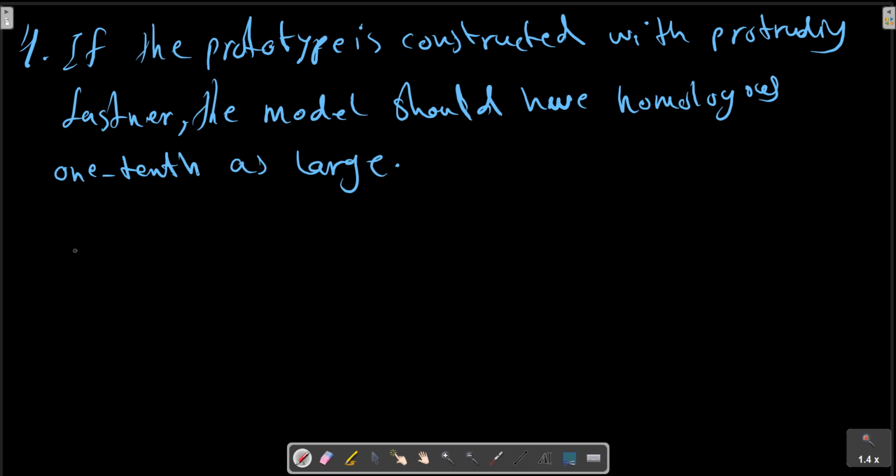And so on. Any departure from this detail is a violation of geometric similarity and must be justified by experimental comparison to show that the prototype behavior was not significantly affected by the discrepancy.